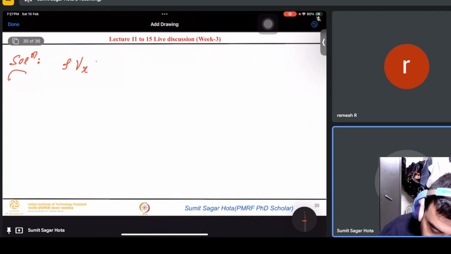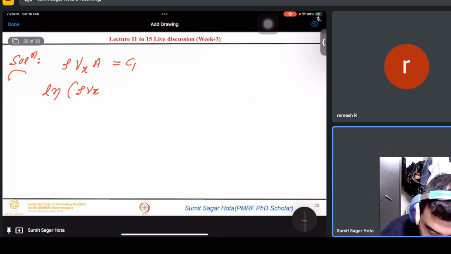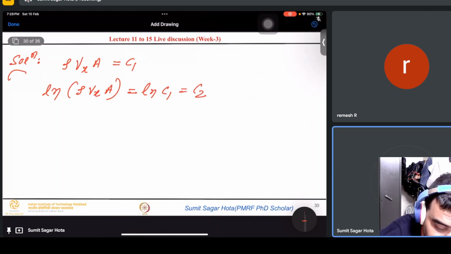Rho vx into A is equal to c1, we know. Now take ln of rho vx into A equal to ln of, let it be c2.